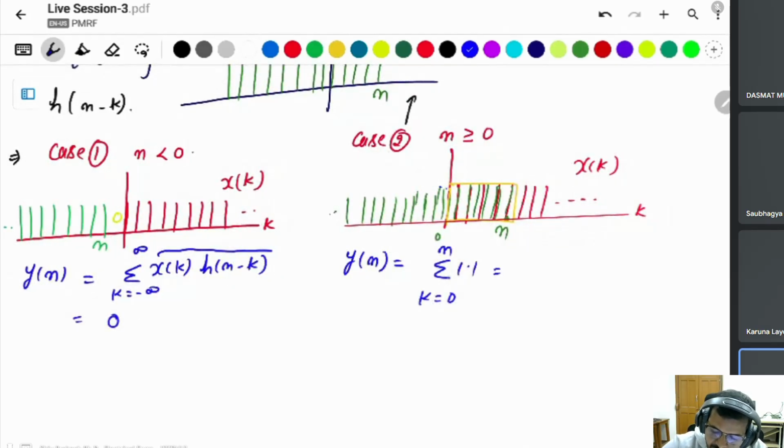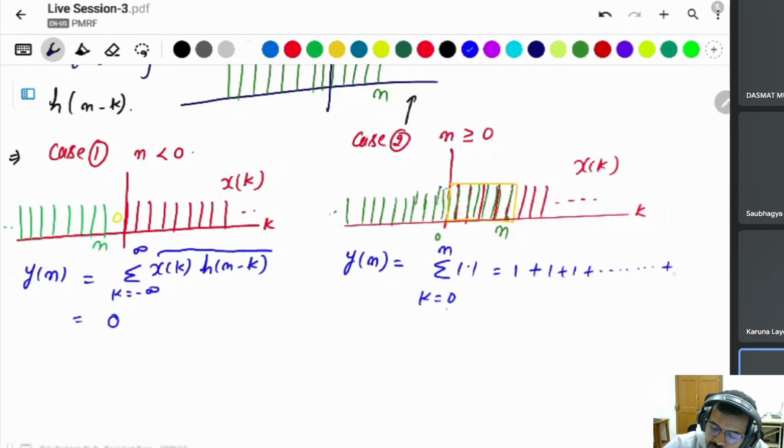The summation of this, 0 to 1, what is it? 1 is a constant, there is no k present, that's why it is 1. When k is equal to 0, the value is also 1, and when k is equal to 1, the value is also 1, always 1.